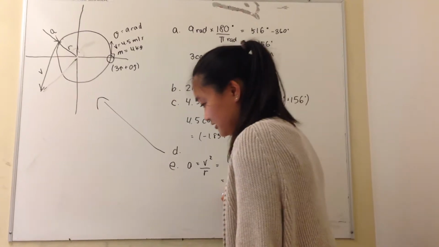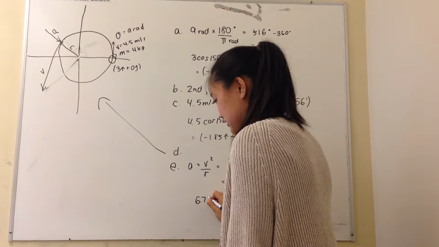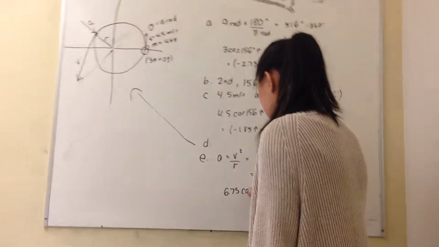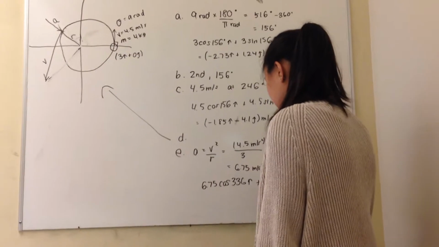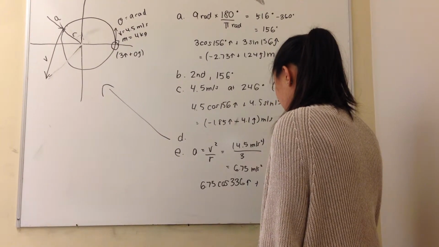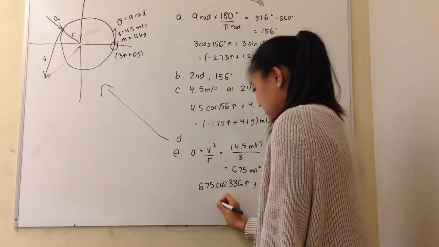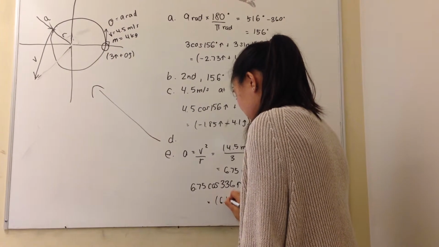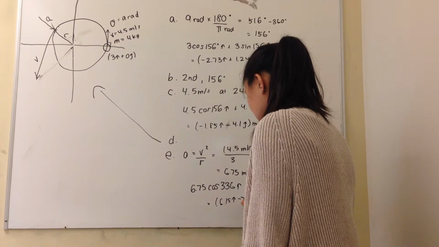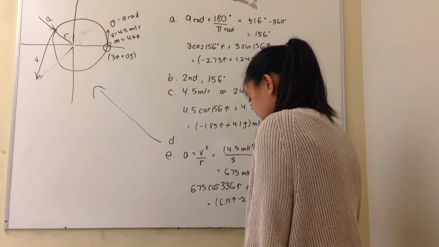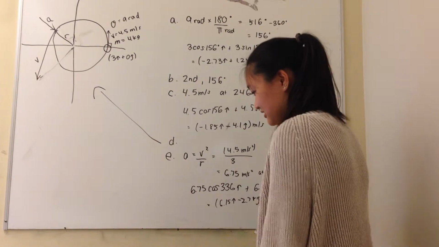So you do 6.75 cosine 336 i plus 6.75 sine 336 j. You get 6.15 i minus 2.78 j meters per second squared.